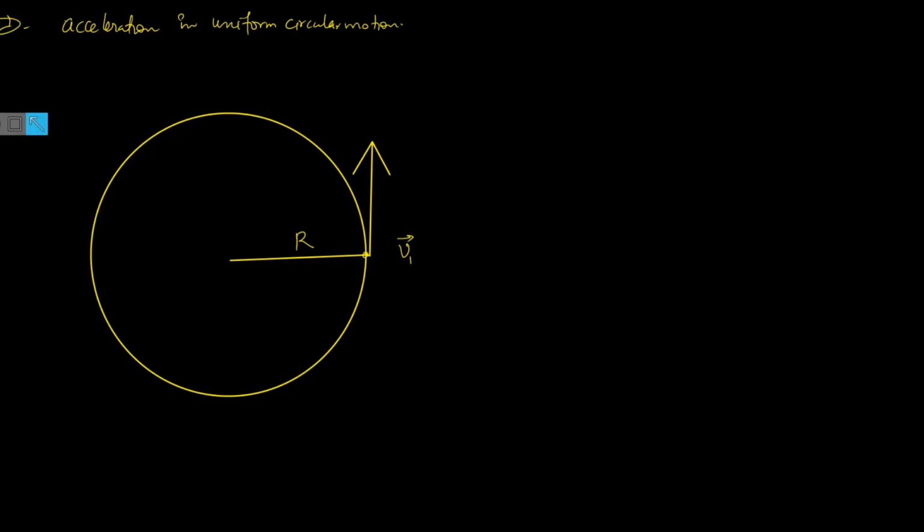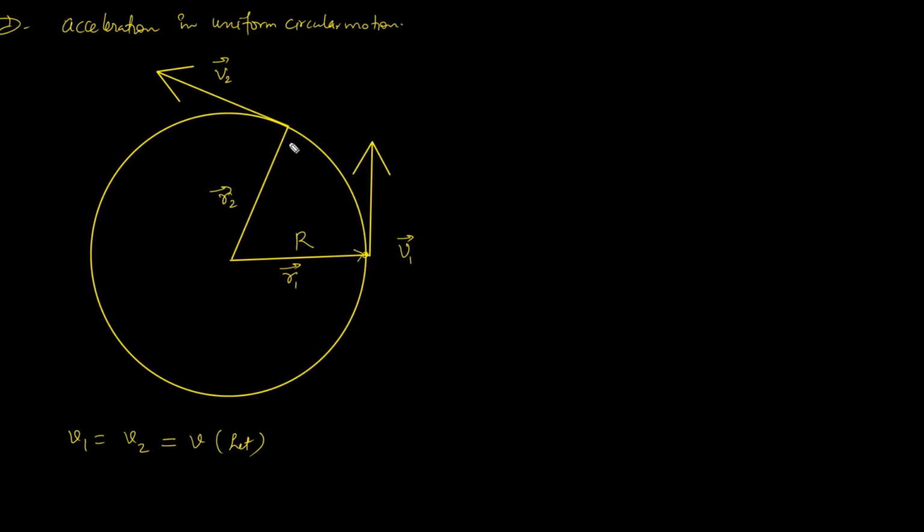After some time, this particle will reach a different position. Now over here again, the particle's velocity will have a different direction. Let's say that is v2 vector. Because it is uniform circular motion, the magnitudes of v1 and v2 will be the same. Let's say it is v. Now the initial position vector is r1 and the final position vector is r2.